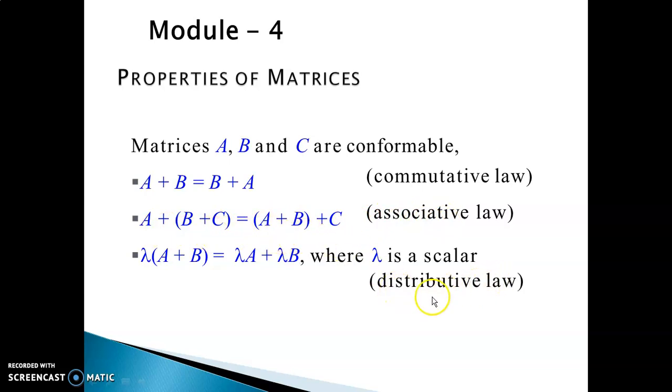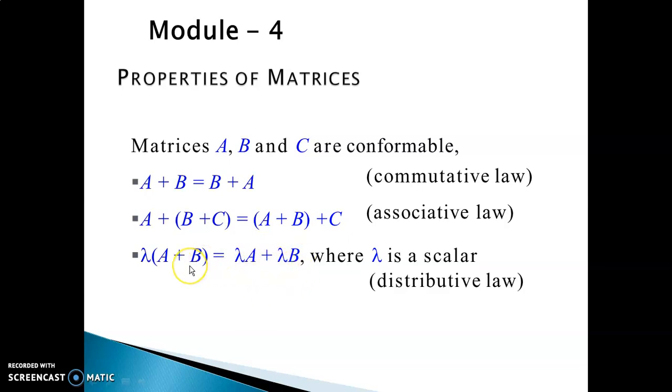The third property or law which is satisfied by the matrices is the distributive law. Distributive law means if we add two matrices and then multiply the result by any scalar, any constant number, you will get the same value as when we multiply the first matrix by the scalar and the second matrix by the scalar, and afterwards add these two results.